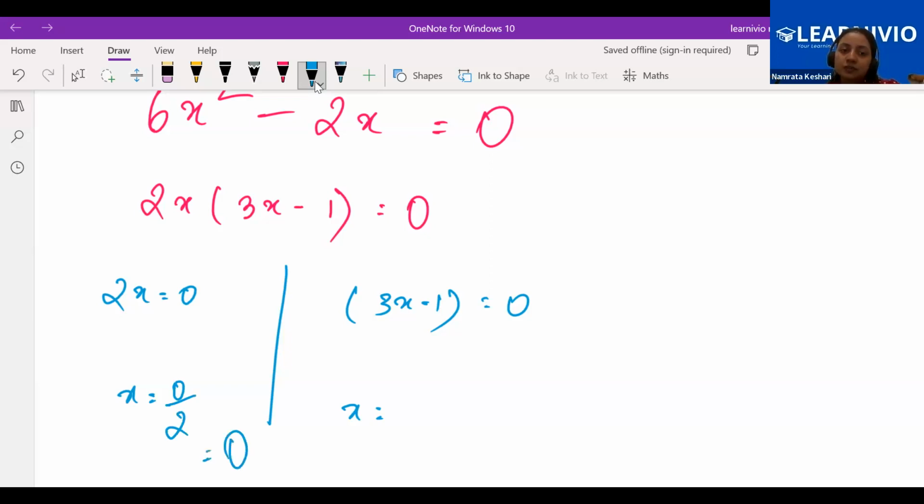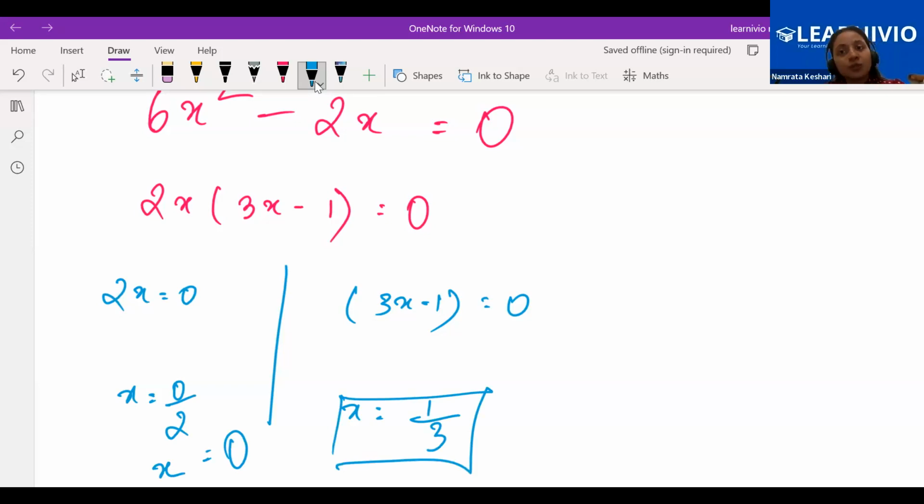Next one is 1 by 3. So two different x values we got. One of them is x equals 0, another is x equals 1 by 3. Any confusion, Zoha? No.